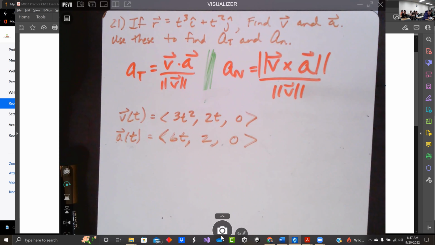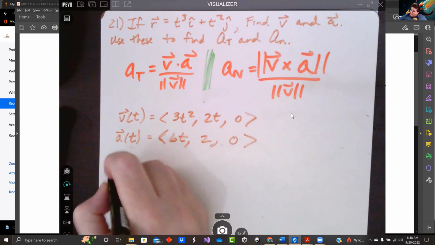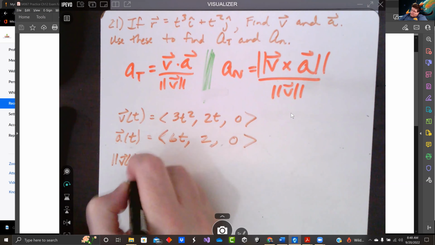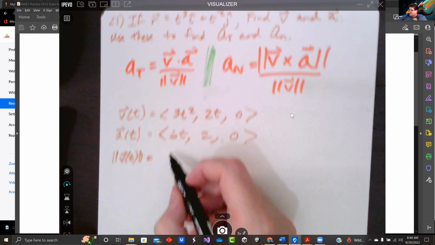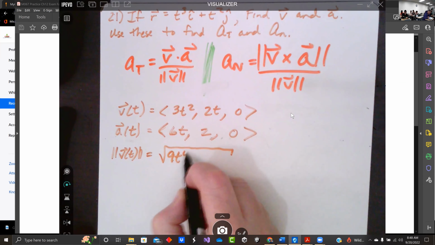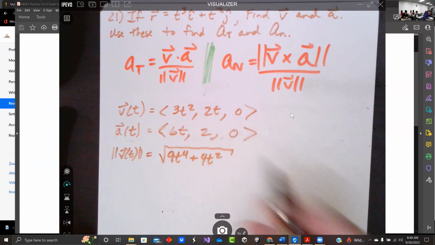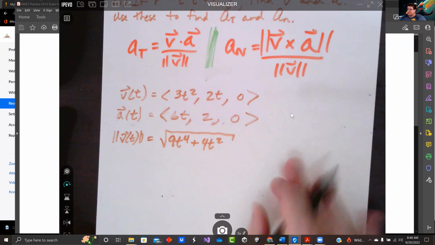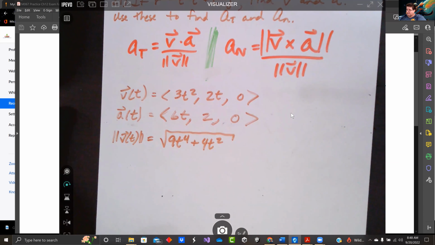So what do we got here? What's the other piece of information we need for both of those? We need the magnitude of B, and we can do everything else.